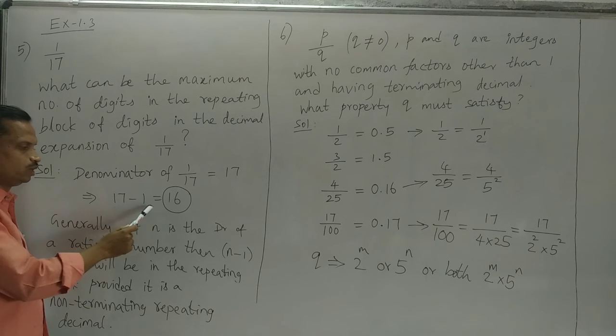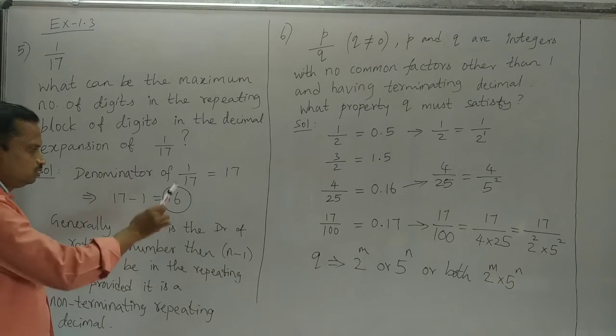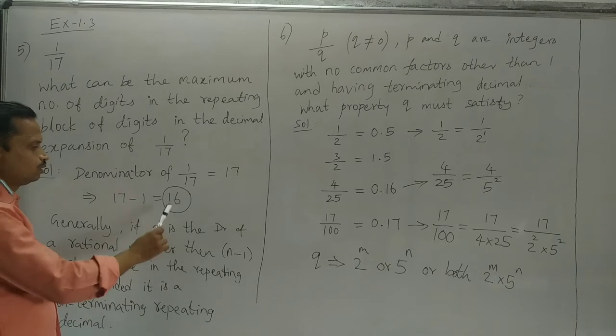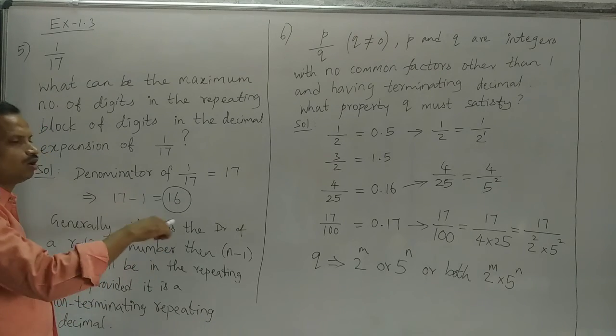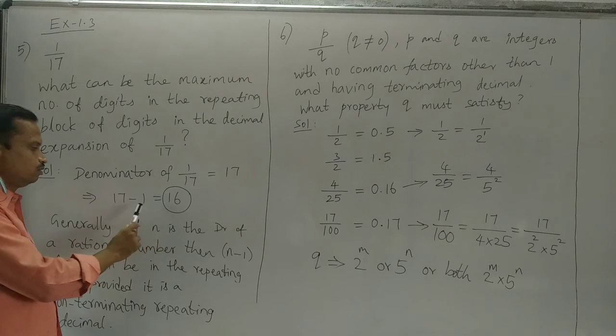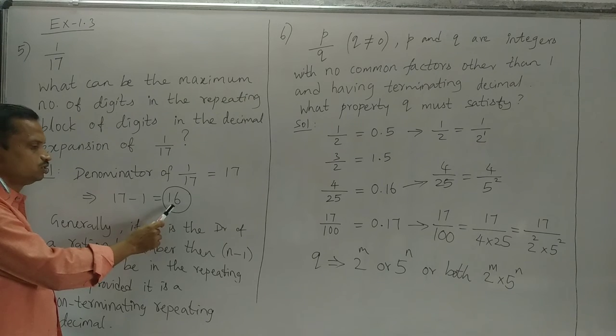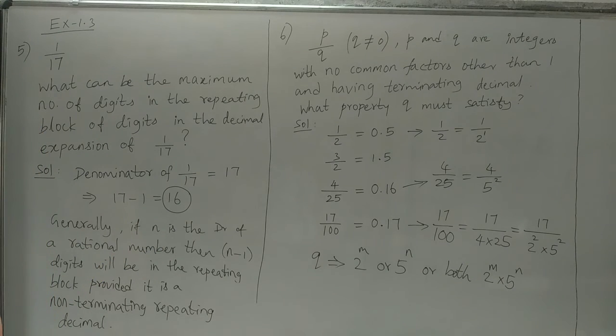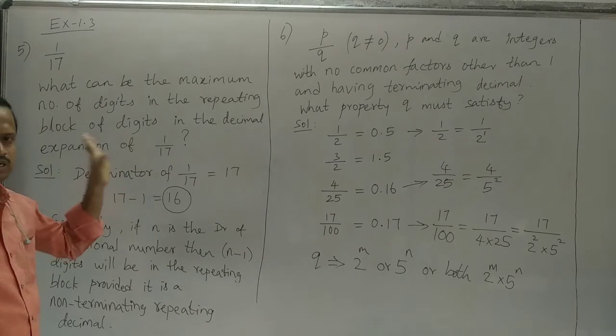That means 17 minus 1 equal to 16. So this is the method to find the number of digits which are repeating in the decimal expansion. So we can have 16 digits in the repeating block of digits in the decimal expansion of 1 by 17.